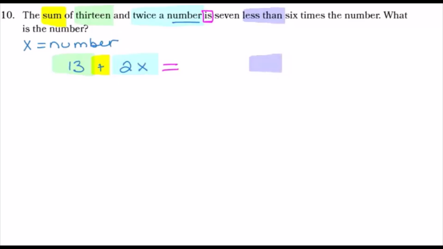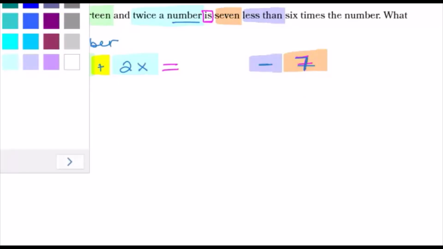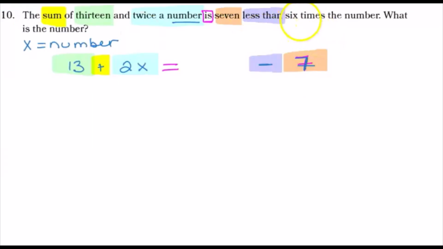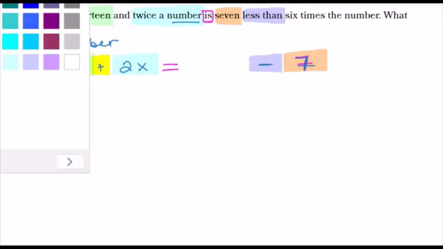It basically means write it backwards. So I'm going to put the 7 in blue so it's easier to see. 7 less than means subtract. Running out of colors here.